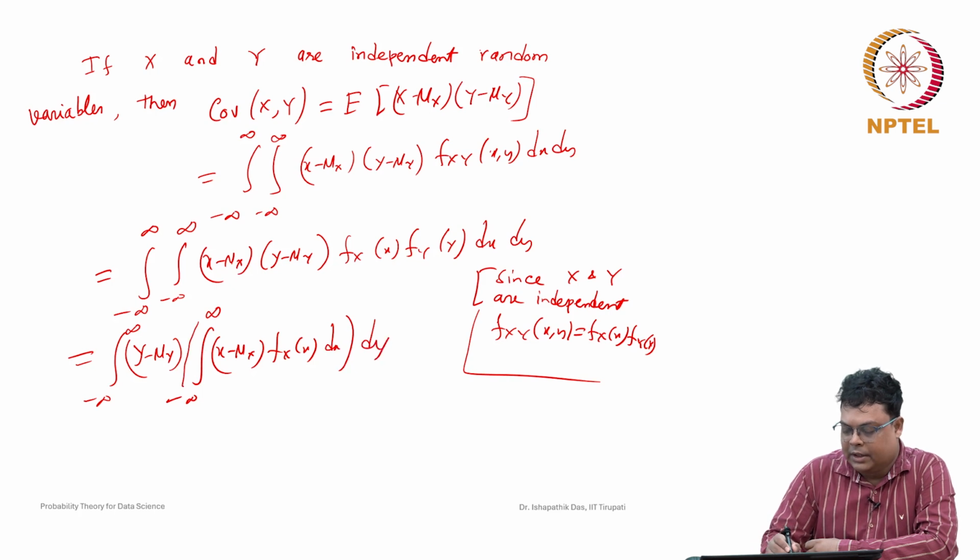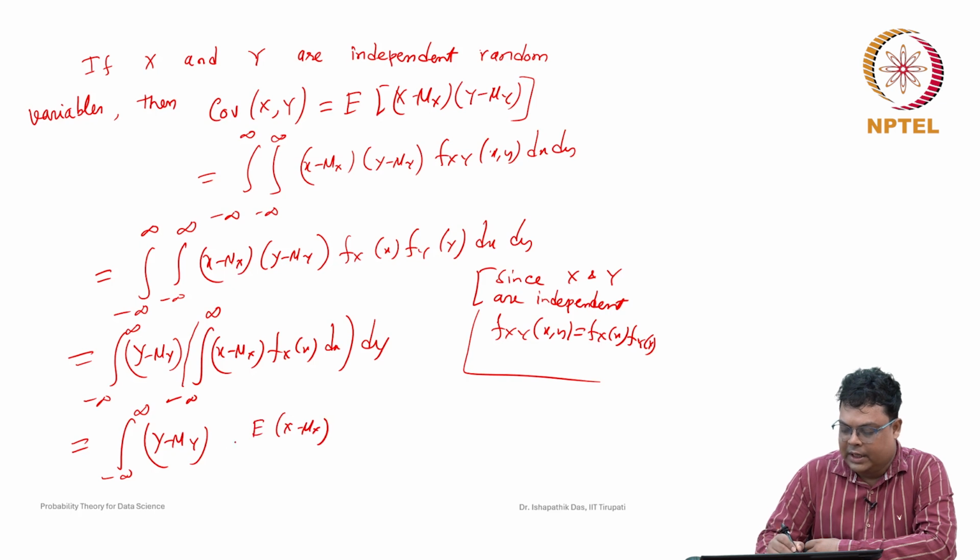Now, what is this part? This is (x minus mu x) f x (x) dx, which is nothing but the expected value of x minus mu x. Because it is a real number, it will be outside this integral.